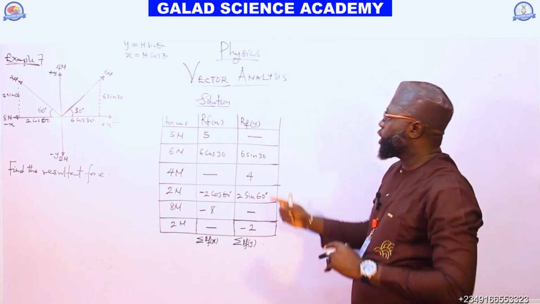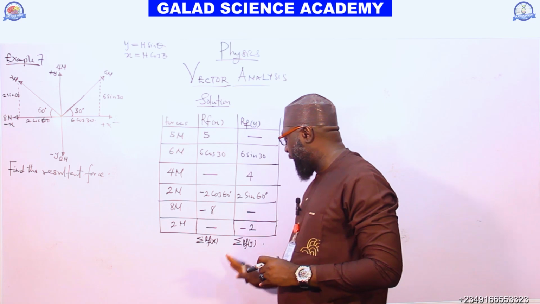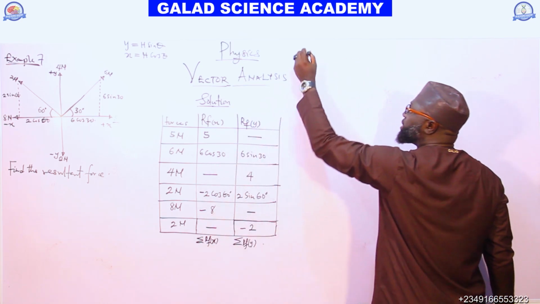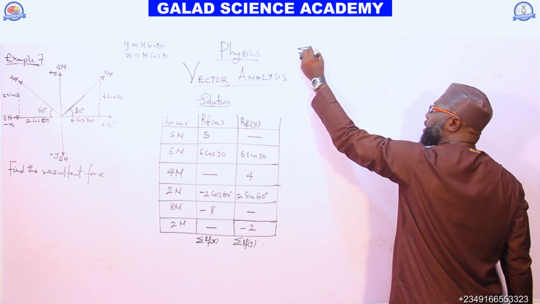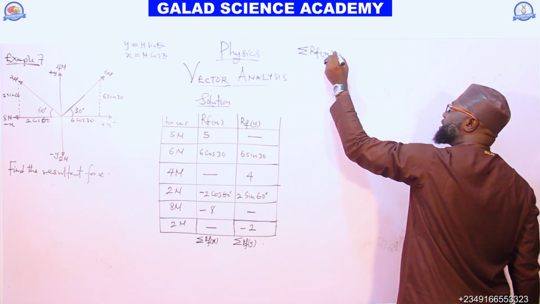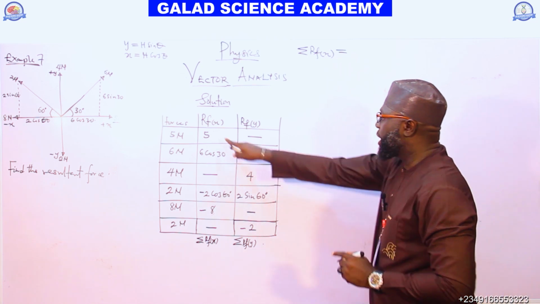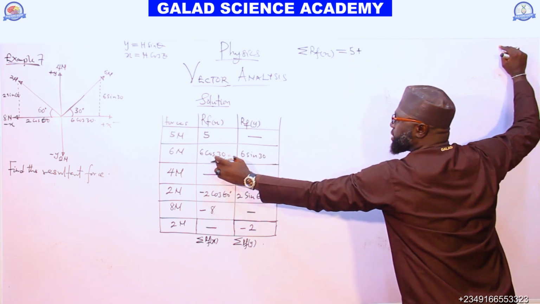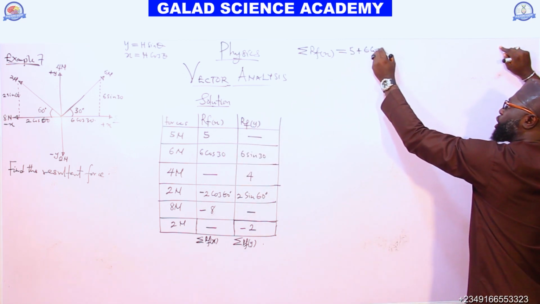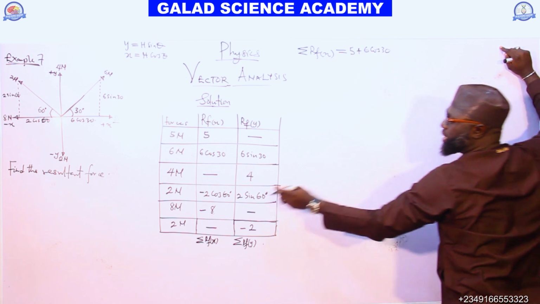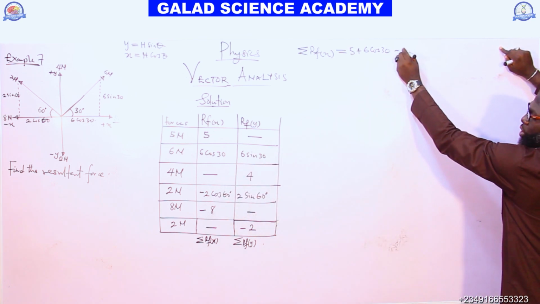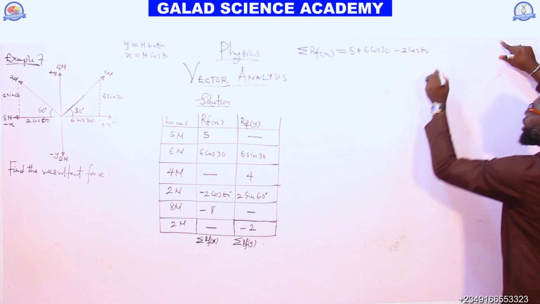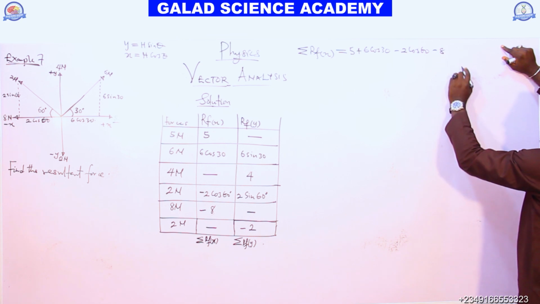So to know the sum of the resultant force for the y axis and the x axis, what we do now is the sum of resultant force for x axis. We have 5 plus 6 cos 30 minus 2 cos 60 minus 8.